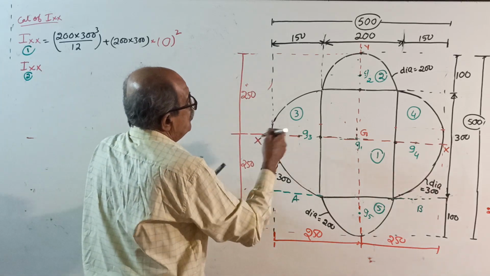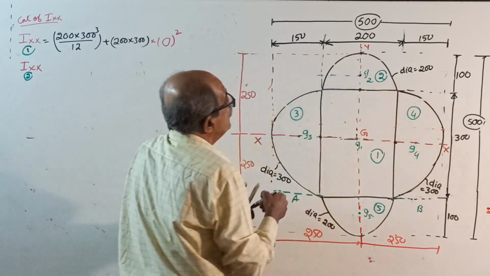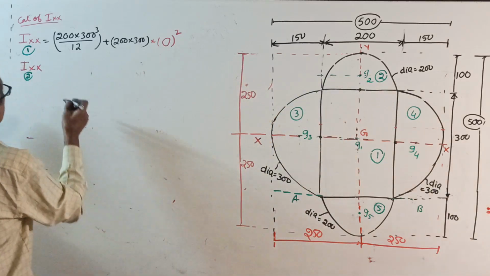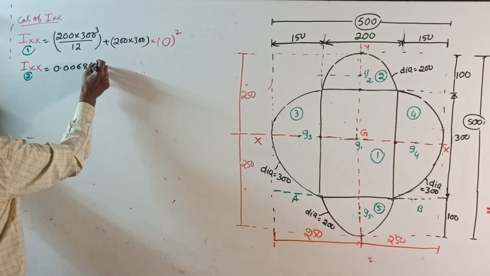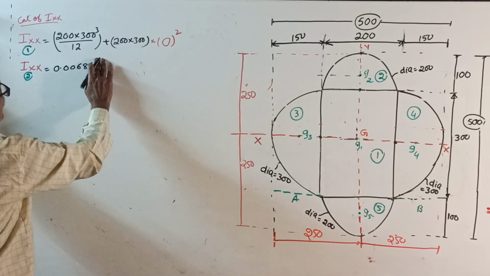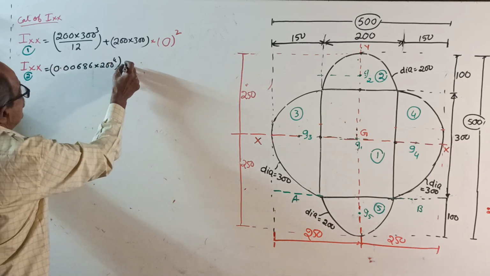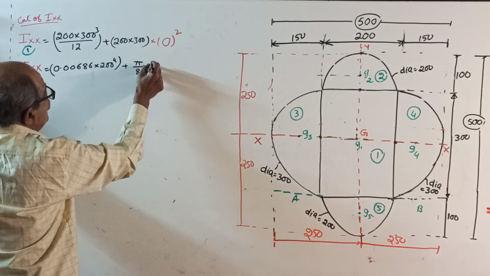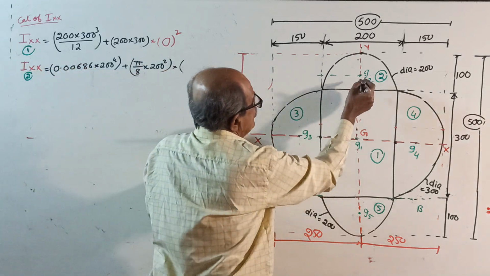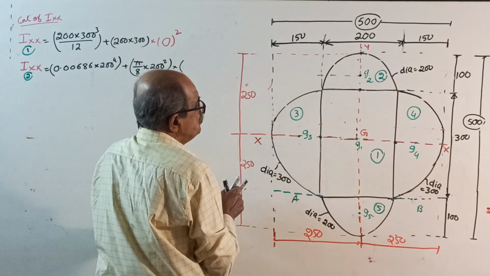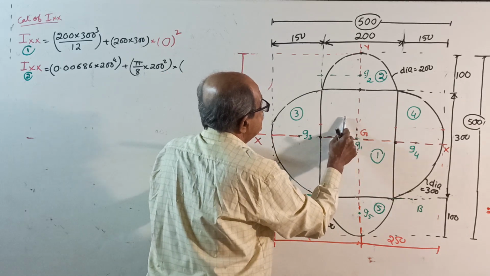IXX for 2. First, I about its own centroidal axis: 0.00686 into diameter power 4, diameter is 200, so 200 power 4, that is IG, plus area pi by 8 of 200 square is the area, into the distance from G2 to XX, square.